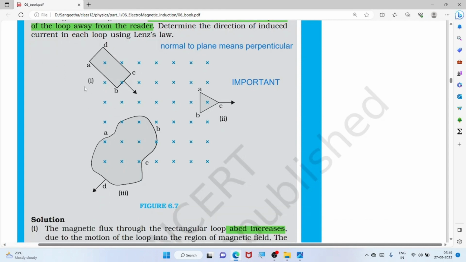The important thing is that when the loop is outside the field, there won't be any flux change, so no EMF will be induced. When they are completely inside the field also, no EMF will be induced, because the flux will be constant within this area.